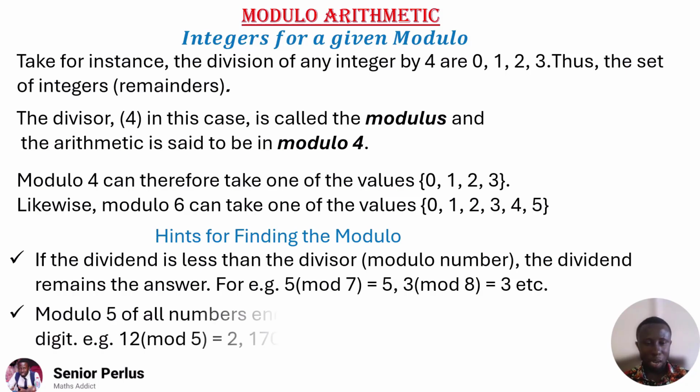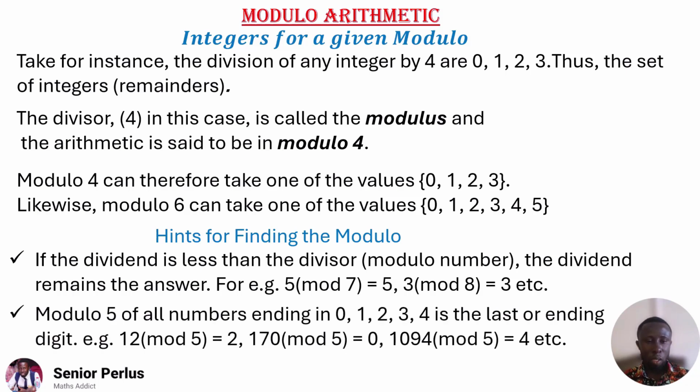Mod 5 of all numbers ending in 0, 1, 2, 3, 4 is from 0 to 4. That's the remainder. So 12 mod 5 is 2.